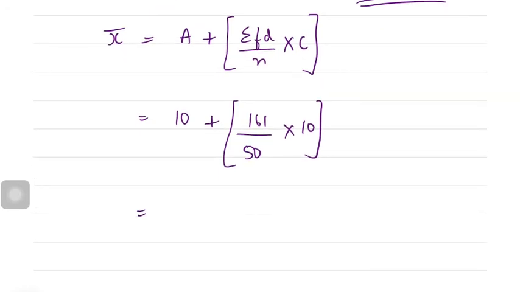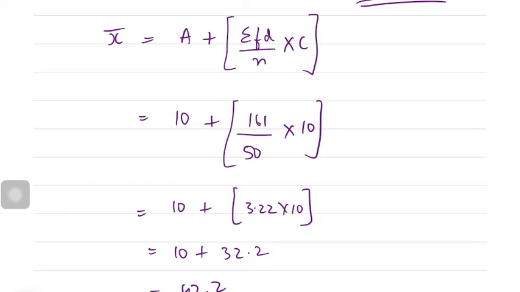So 10 plus 161 divided by 50 comes to 3.22 into 10. So 10 plus 32.2, which is 42.2.